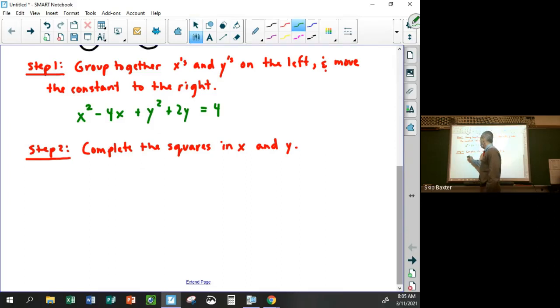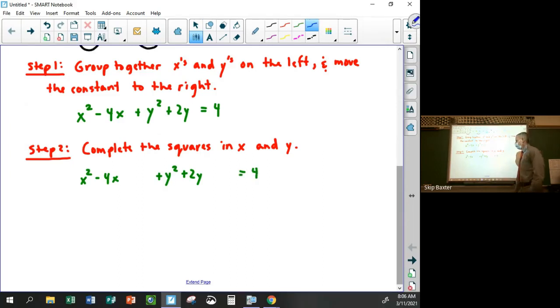So that looks like this. I have x squared minus 4x, leave a little bit of space, plus y squared plus 2y, leave a little more space, equals 4. To complete the square in x, I'm going to take half the coefficient of x.